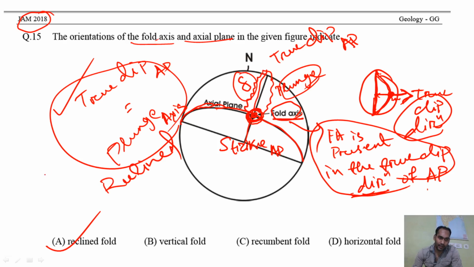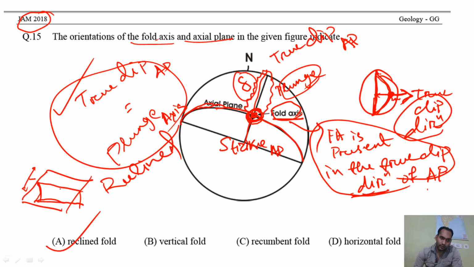The fold is like this. If this is the plane, right? Here it is the strike, and here is the dip direction. So if I draw a line like this, this is the fold, right?